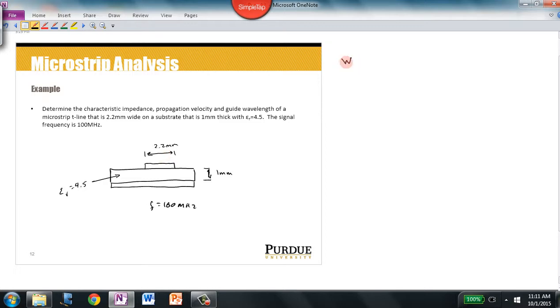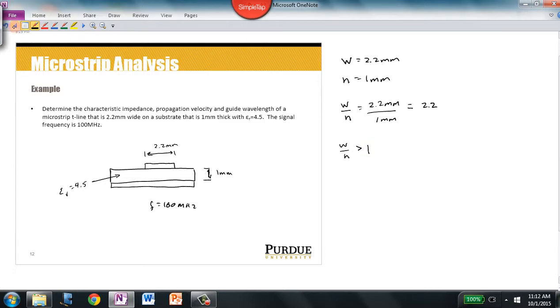So we can just extract some information. W, the width of the trace, is 2.2 millimeters, and H is equal to 1 millimeter. So W divided by H is equal to 2.2 millimeters divided by 1 millimeter, which is 2.2. So W to H is greater than 1.